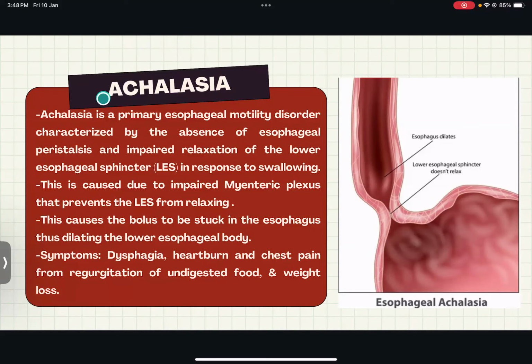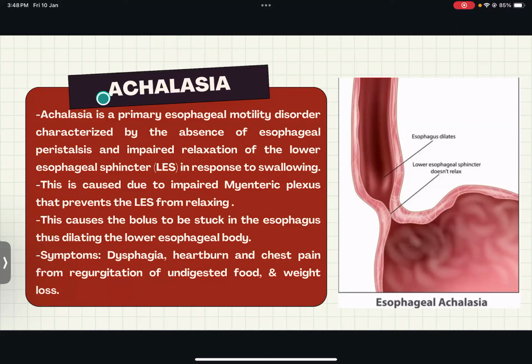It's contracted and it always stays like that. So it does not allow any bolus, food, or drinks to flow through to the stomach at all.